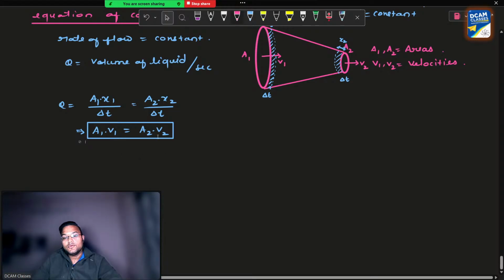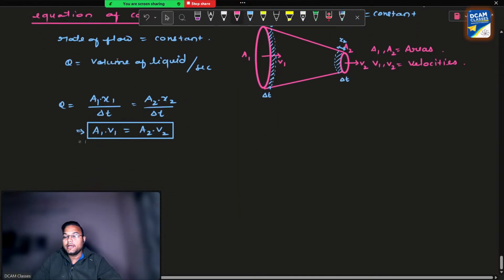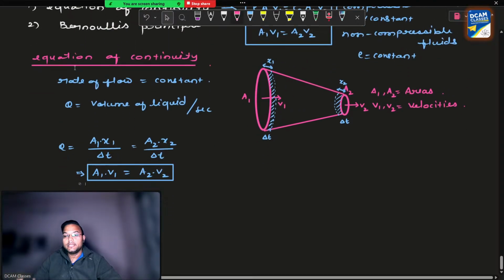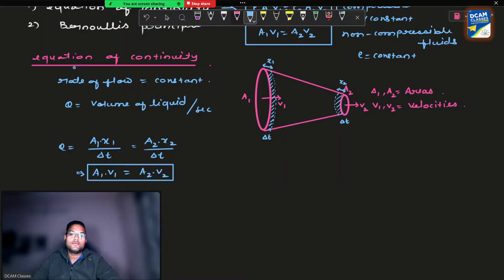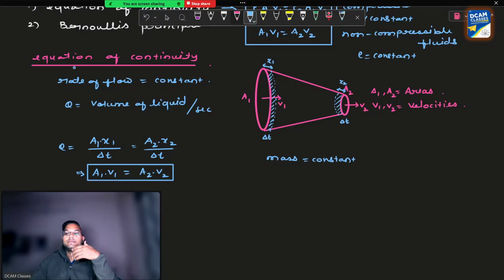And you will be having doubts: sir, why do we get density multiplied? Actually, it comes from the rate of flow being constant. Why are we saying the rate of flow is constant? Because the original thing is that the mass of fluid should be constant. If we talk about compressible fluid also, the mass is constant.